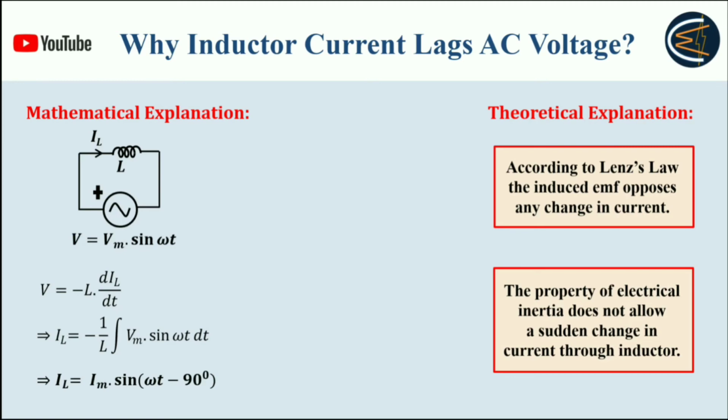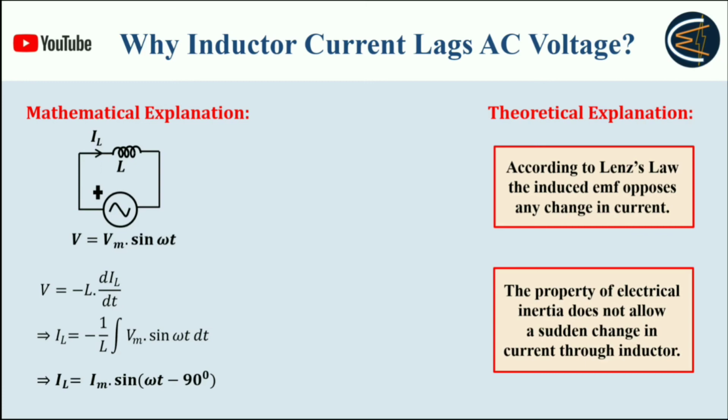The current is facing one kind of obstruction by that self-induced EMF, right? That means the current is somehow lagging behind the voltage. Because it is facing obstruction, it lags behind or slows down. That is why we say the inductor current lags the AC voltage.